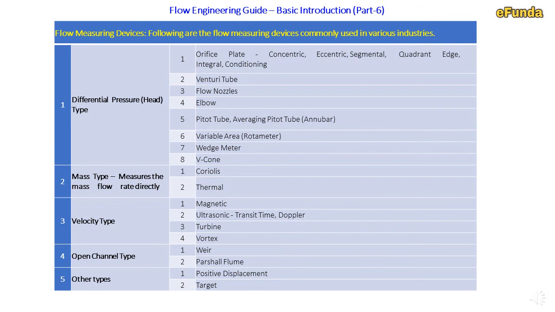In the industry, the most popular type is the differential pressure type, where basically orifice plates, venturi tube, flow nozzles, elbow, pitot tube, averaging pitot tube, variable area, that is a rotameter, wedge meter, V-cone meter. These types are covered. Under mass flow, Coriolis and thermal.